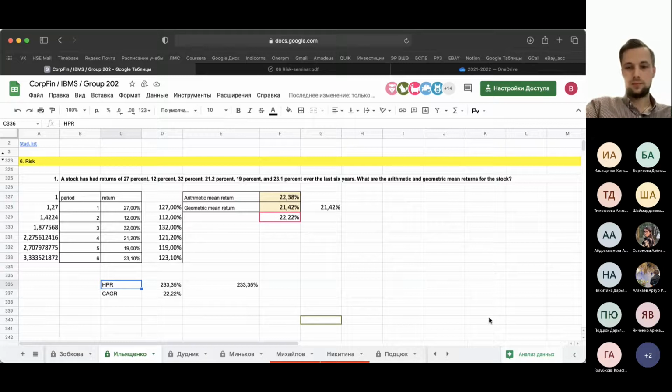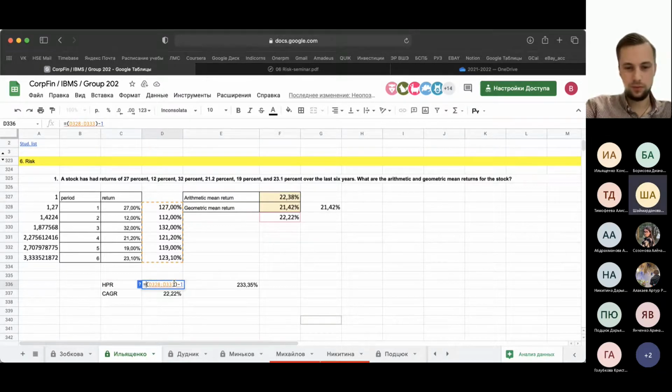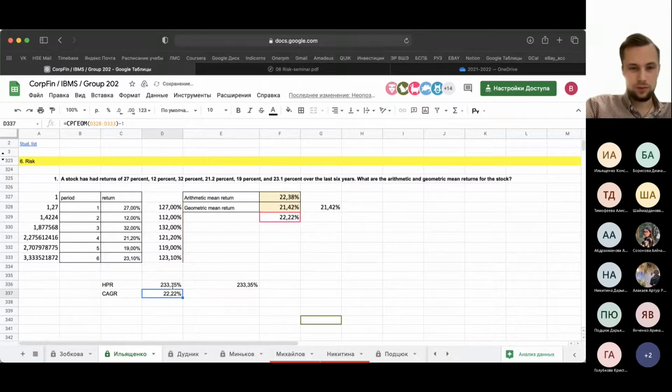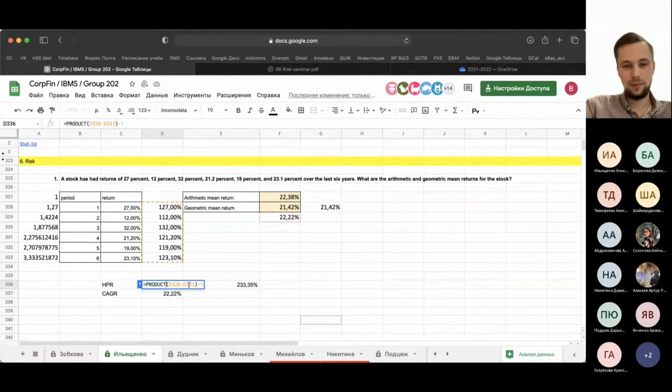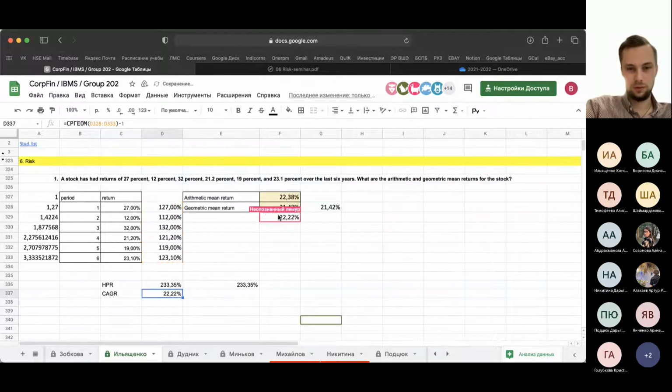In HPR, which function do you use, because it's written in Russian? It's the product function, but it won't work here because my computer is in a different language. But let's try. Yeah, that works. So it's product. In English, that is product. And for the geometric mean, let's find it.